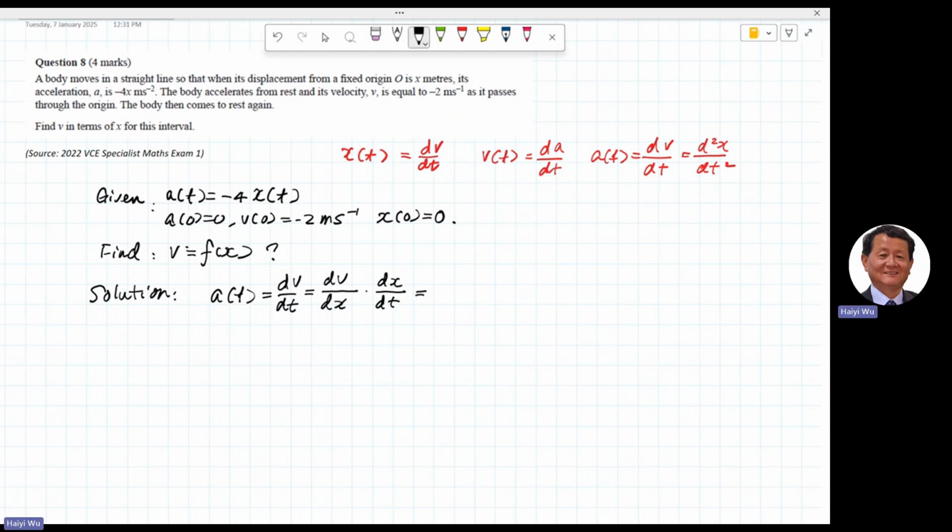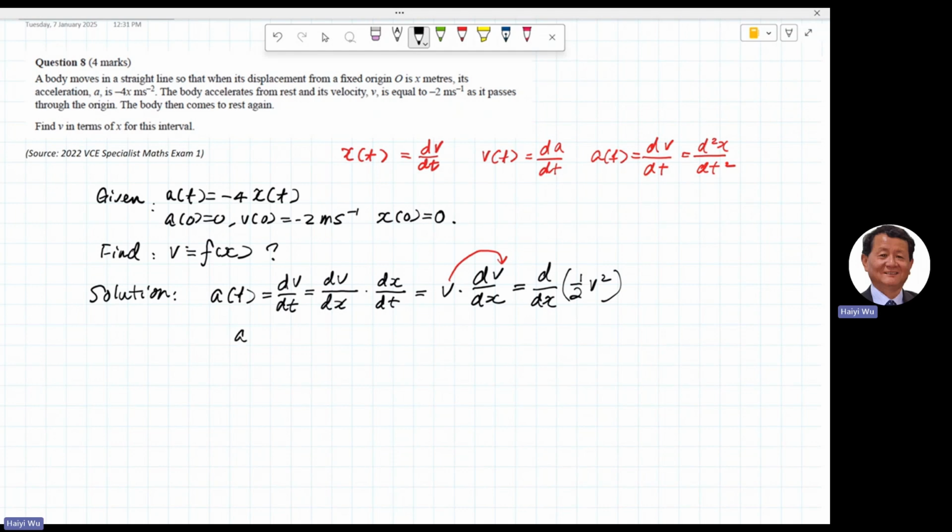Now dx/dt is v, times dv/dx, because we need to find the velocity with respect to x. Because you have v outside, I'll move d to the inside of the differentiation. So d with respect to x in the bracket will be half of v squared. That's the formula we're going to use.